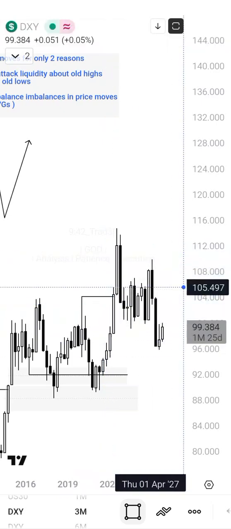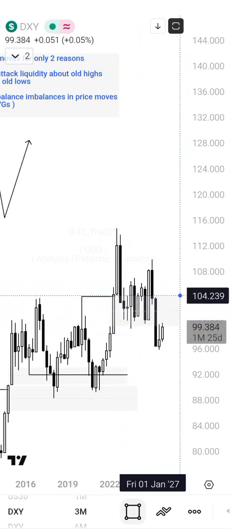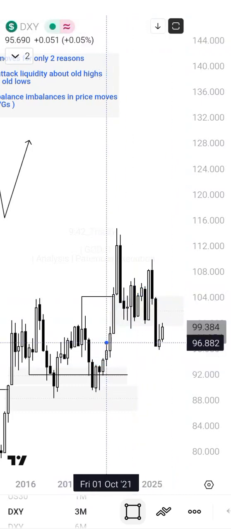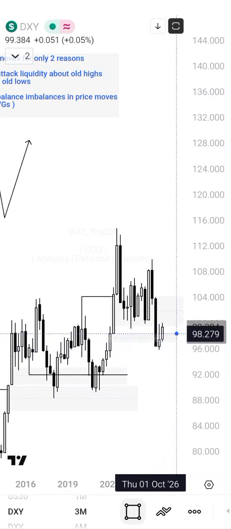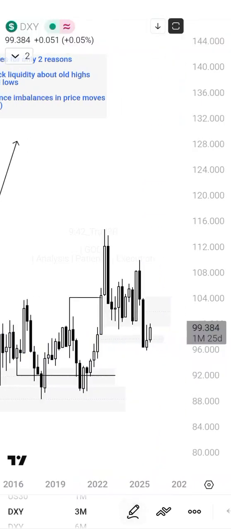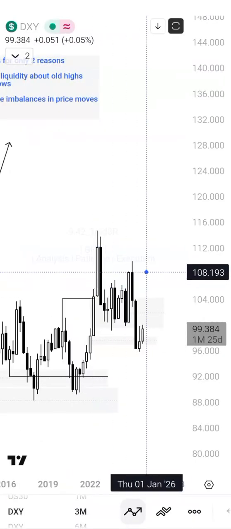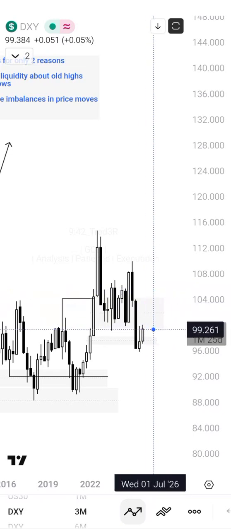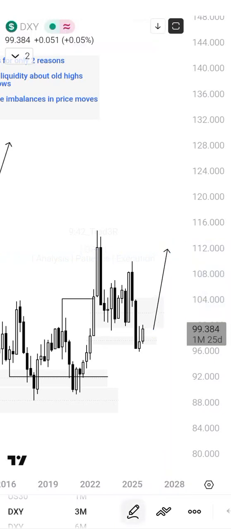After that, they came back again to fill the pockets, which is the fair value gaps that is left behind. You can see they came back here again, fill the pockets, and this is the second gap we have here. They fill it. So what can we expect again? A rally to create a new high.